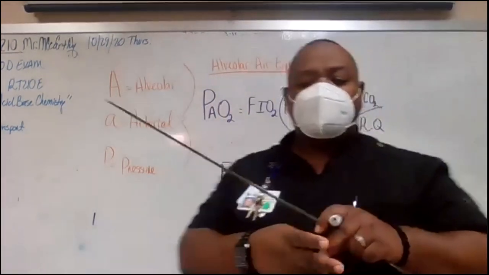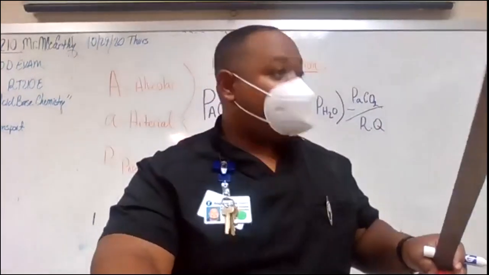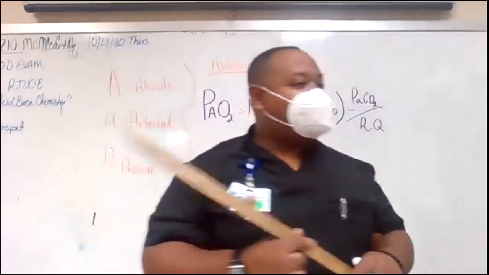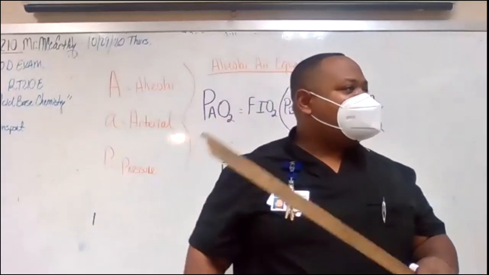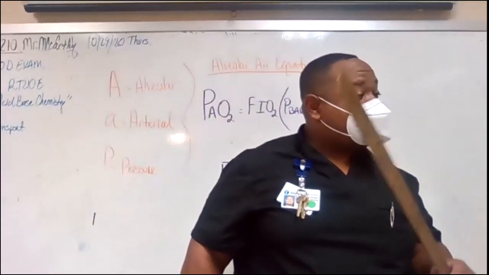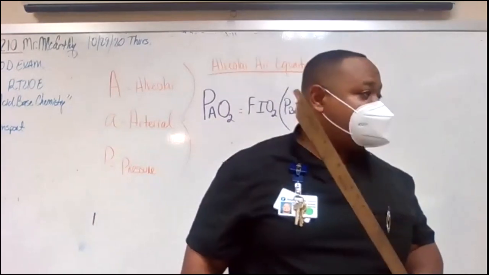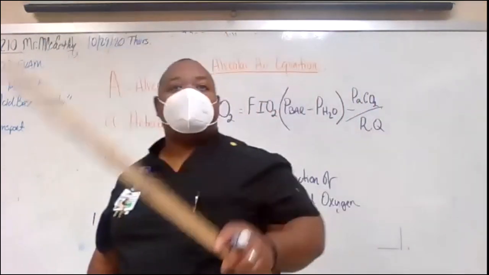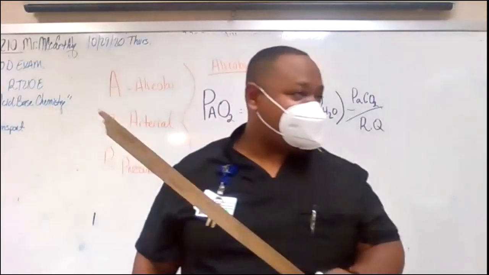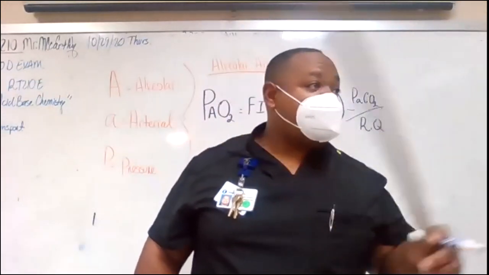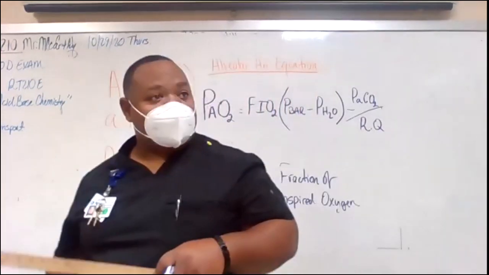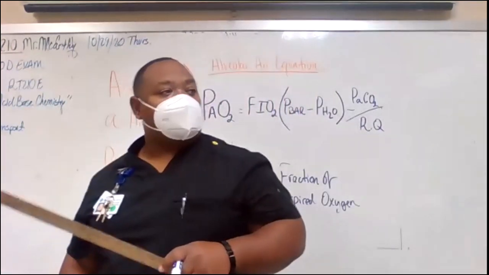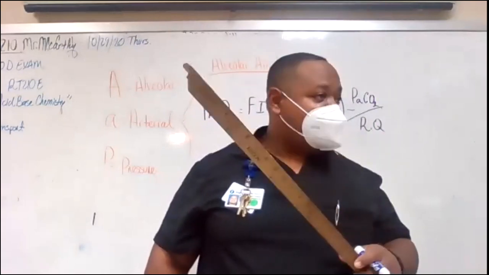Room air means 21%. They're going to say your patient was on room air, and you're like, what's that mean? That means the oxygen they're breathing in is 21%. Everybody in this building is breathing 21% oxygen, along with 78% nitrogen, along with argon, a little bit of CO2, and a little methane.